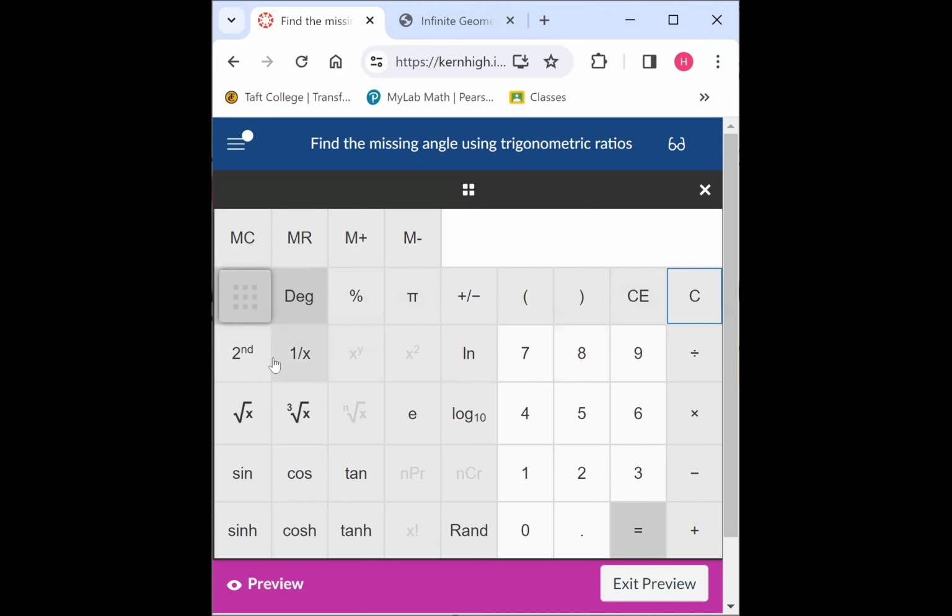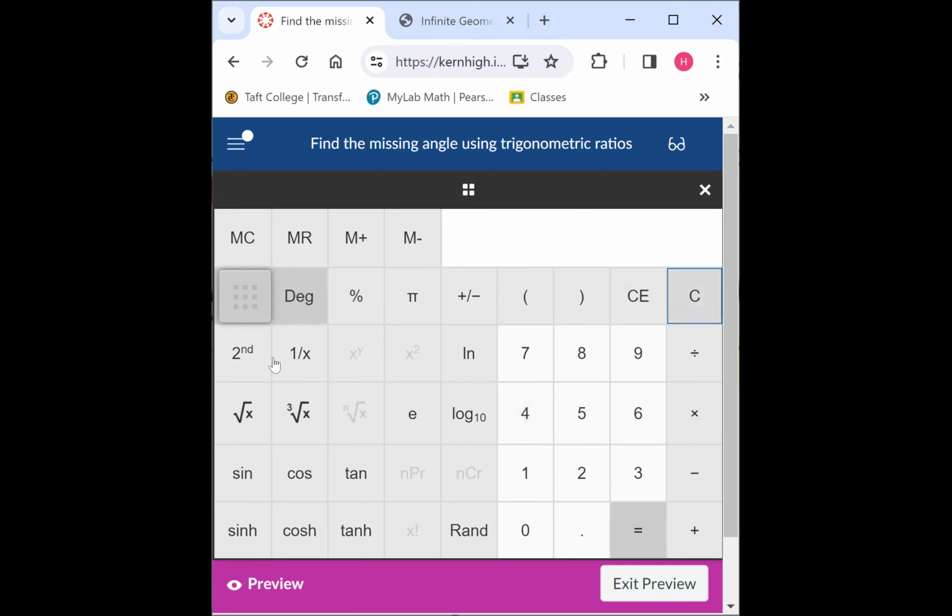Okay, 8.9 squared plus 28.3 squared minus 2 times 8.9 times 28.3 times cosine of 44.4. Huh. It doesn't continue writing.